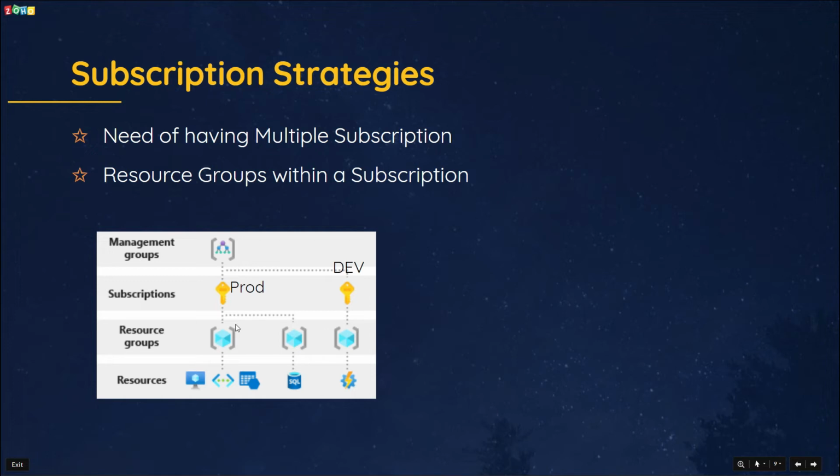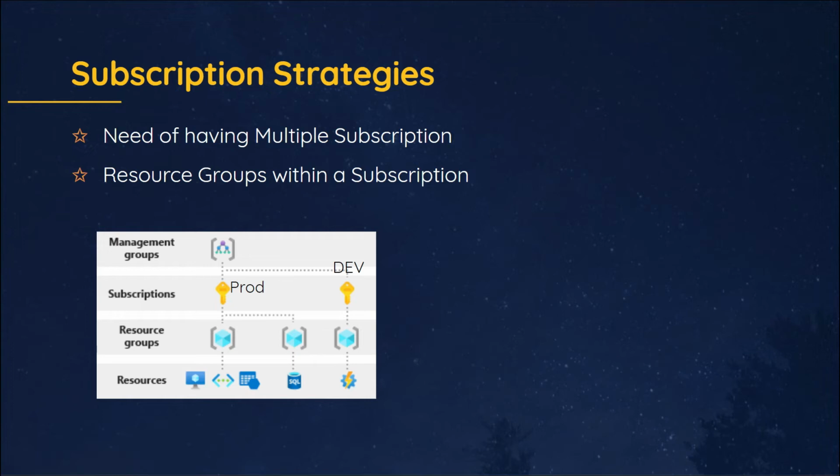You can create different resource groups for that, and you can create resources accordingly, or based on the department wise. For the HR department, you can create a different group, and for the finance department, it depends on the nature of your business and how you implement it.